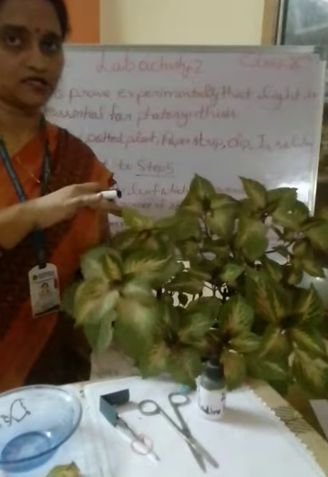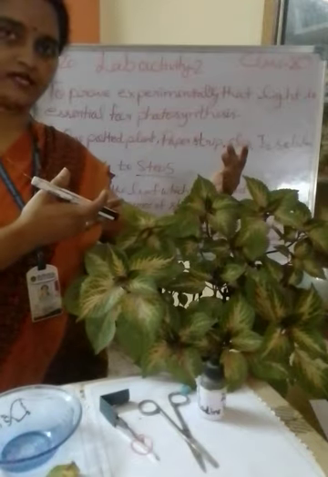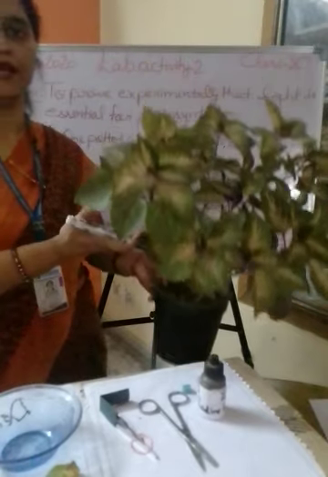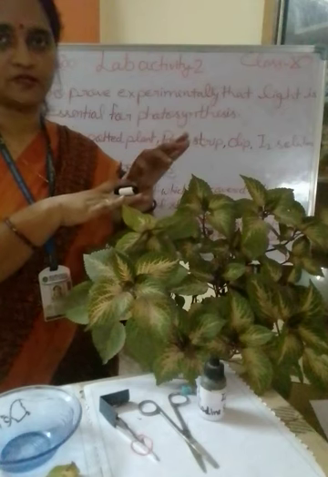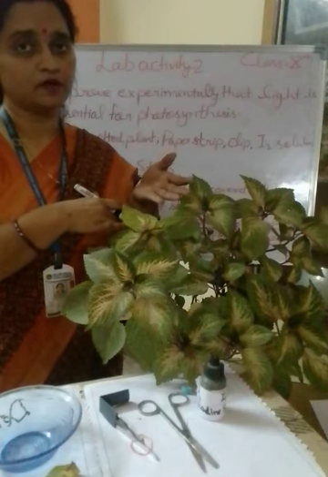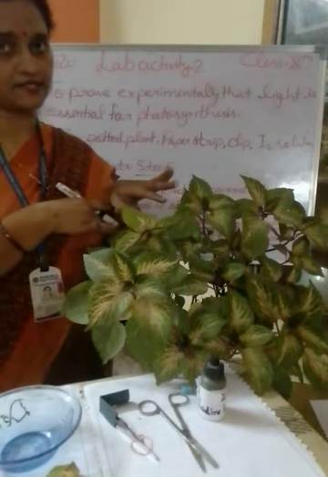In the plant, in the presence of chlorophyll, it takes carbon dioxide from the atmosphere and water from the soil, and in the presence of sunlight makes carbohydrate food in the leaves. That is photosynthesis. Green plants are autotrophic. Because of that, they make their own food in the presence of sunlight.